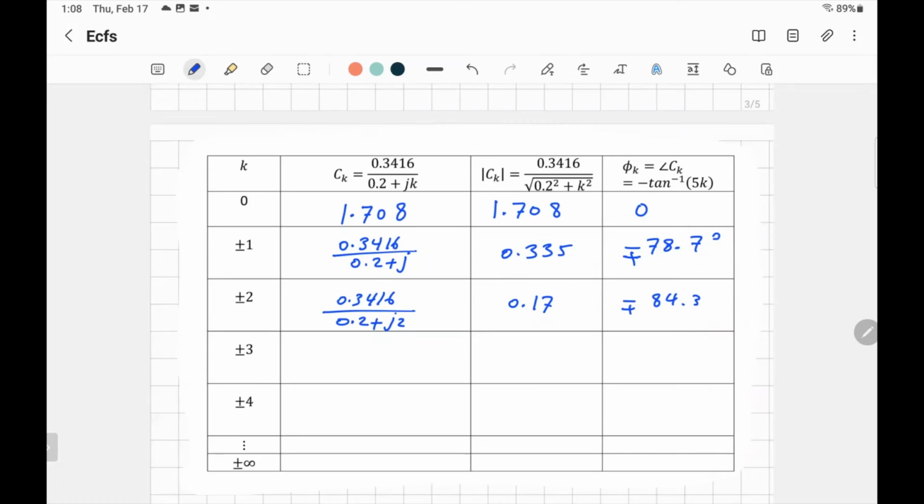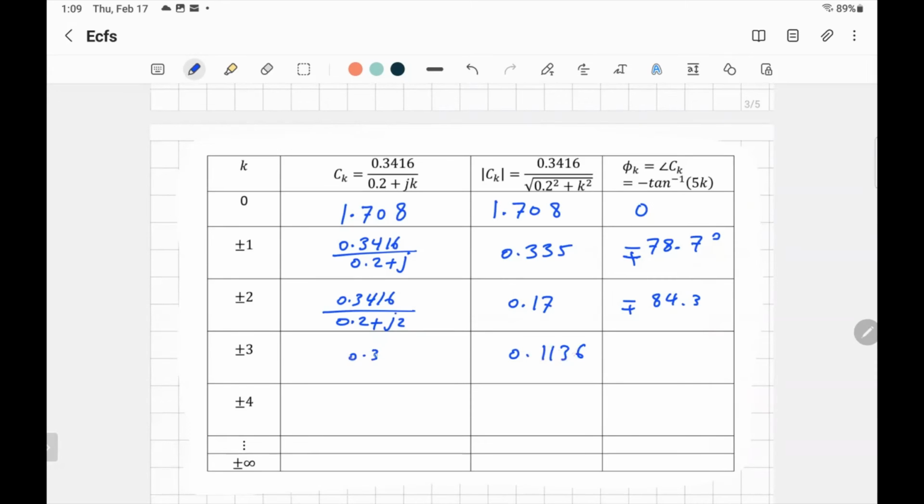For the magnitude of CK, you'll find it's symmetric, it's an even function. Because if you look at the right side and the left-hand side, you'll find they're the same. For the angle it is different. You'll find that it's an odd function. When you complete the table, I completed the table and found this equal to 0.1136.